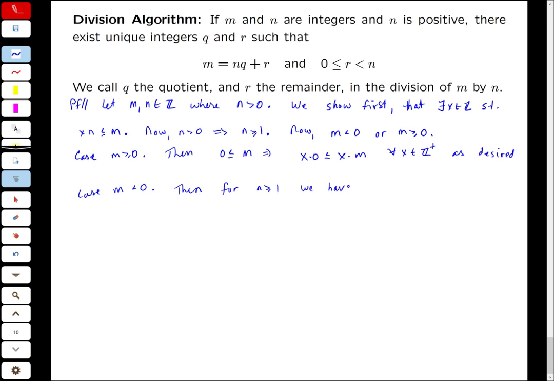And what do you have? If you multiply both of those by minus m, you're going to have minus m times n is greater than or equal to minus m times 1, right? This tells you that minus m is greater than or equal to 0. If m is less than or equal to 0, minus m is greater than or equal to 0, and you multiply both of those. But how does that help me?